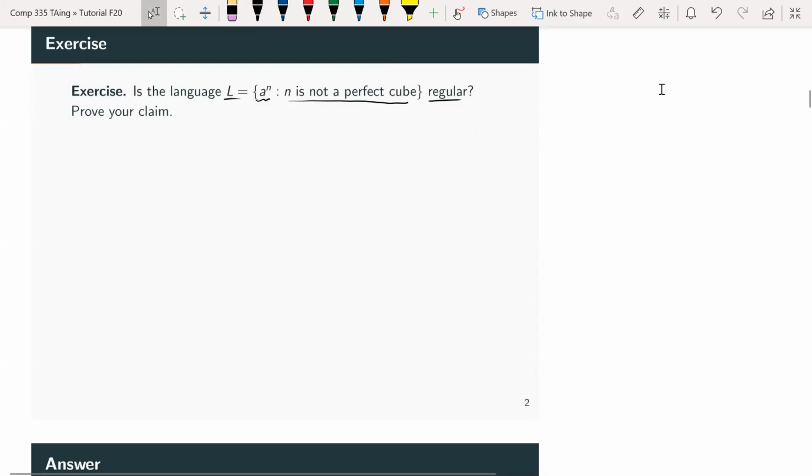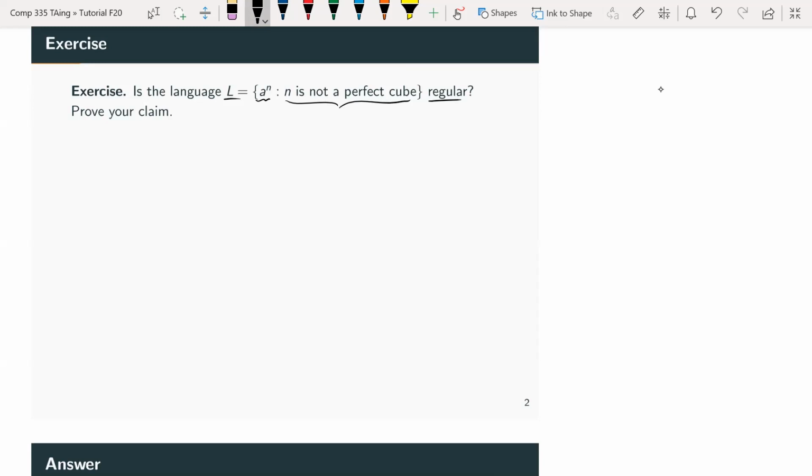Well, essentially the intuition that I want to give you here is that n not being a perfect cube is going to be very difficult for an FA to keep track of. It's not something easy like saying n mod 2 equals 0. So that's super easy to keep track of in an FA.